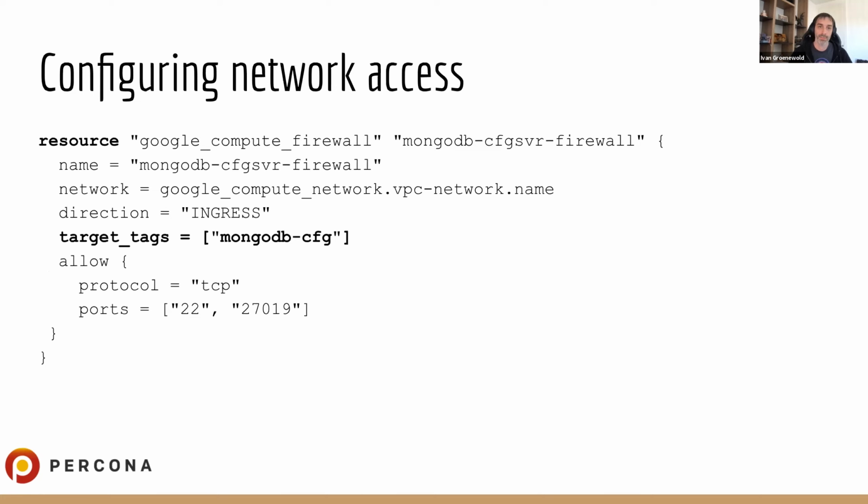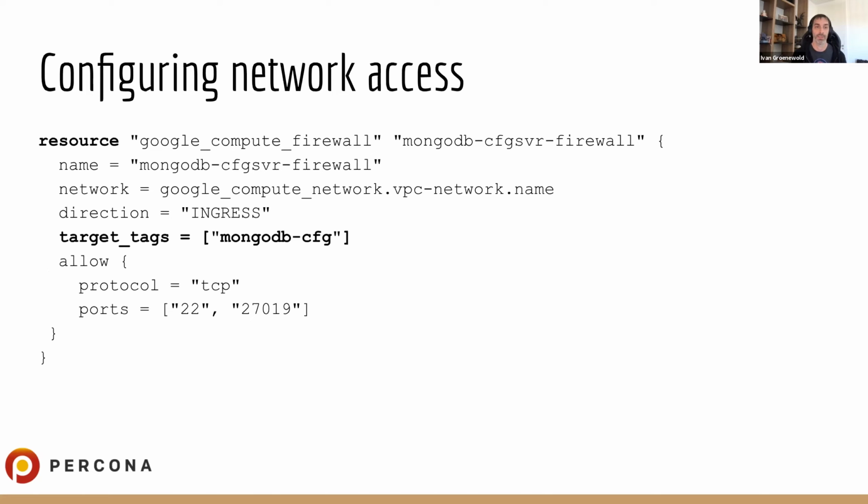For the network access, each network will have its own firewall to control what can happen between the instances. And so to handle what ports we need, we can create a resource and then use some target tags for the instances, okay? For this particular case, we can allow SSH access to manage the instances, and also we want communications to happen over the MongoDB port.